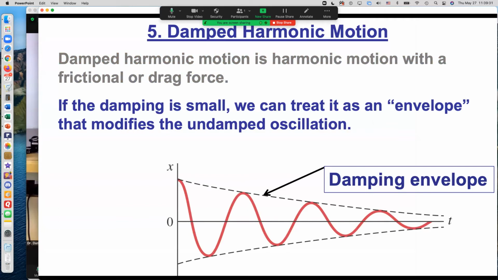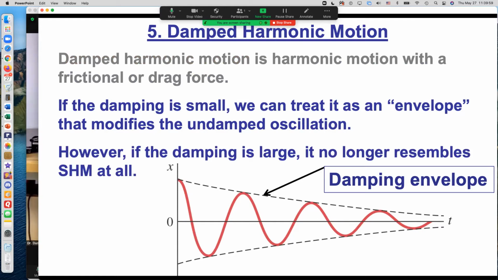Those dotted lines are basically showing you an exponential decrease, right? It's an envelope. If the frequency was very, very high, and those peaks were much closer together, you would see that it would be almost perfect as an envelope, right?